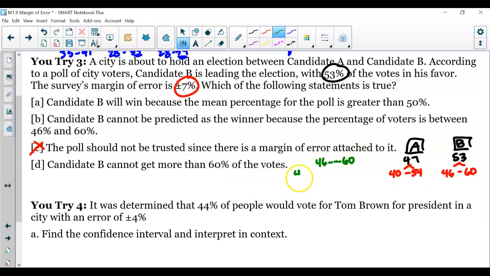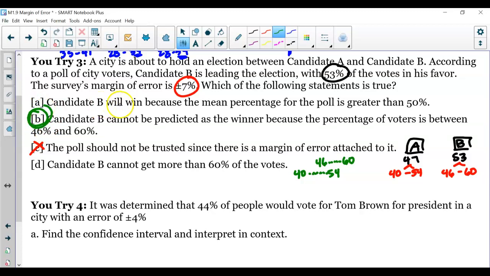So 40 is below, but 54 is between here. So is there overlap? Can we make a prediction? No. Candidate B cannot be predicted because the percentage of voters is between the 46 and 60. So we cannot make a prediction.